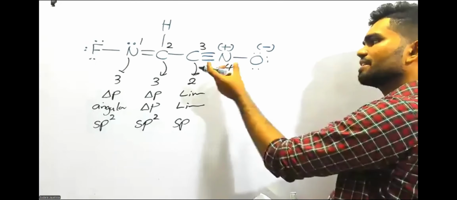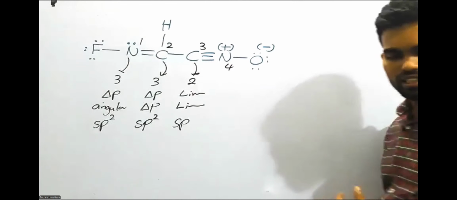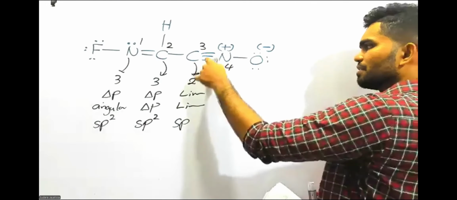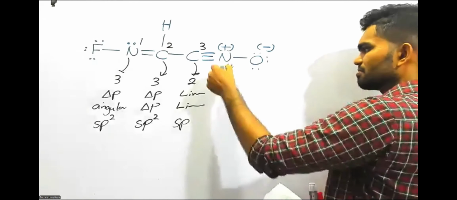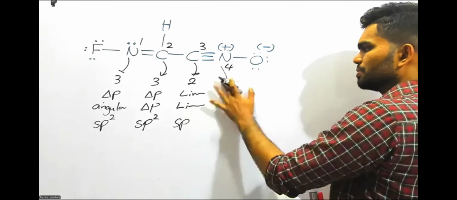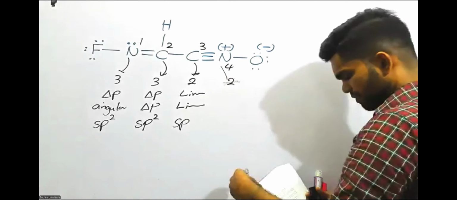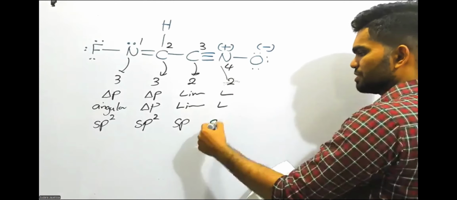But here it is making a triple bond with the adjacent single side. Now, these 2 π bonds are also perpendicular to each other. And this one has 2 repulsion units, N4, and it is also linear, sp.